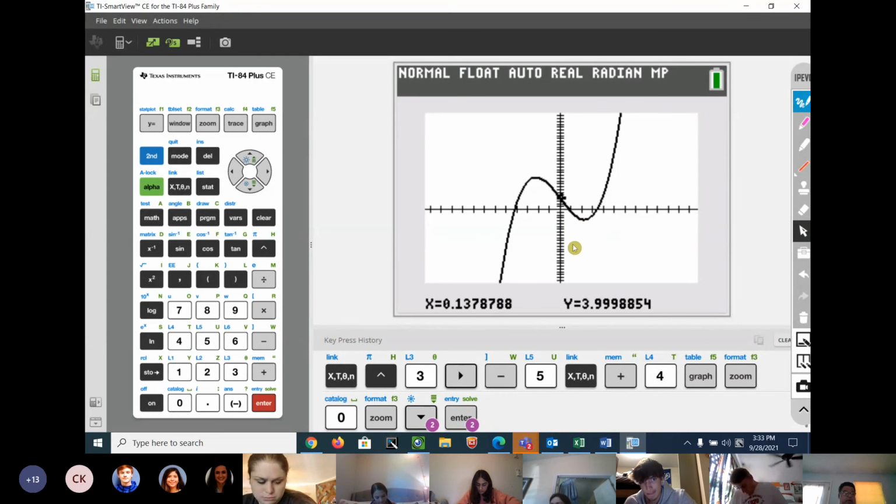I'm going to show you a trick I learned in the war. Y prime is equal to 3 times 1/3 x to the 3 minus 1, minus 1 times 5 x to the 1 minus 1, plus 0 times 4 x to the 0 minus 1, which goes out to 0.